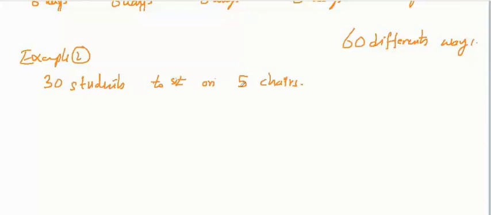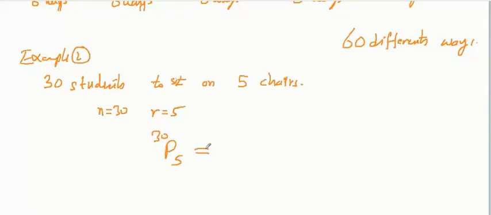Obviously, all the 30 will not sit. 5 of the students will sit in these 5 chairs. So n will be equal to 30 and r will be equal to 5. So 30P5. Now using the calculator, you can also find it directly. In most calculators it is on the shift, either multiplication or division button.